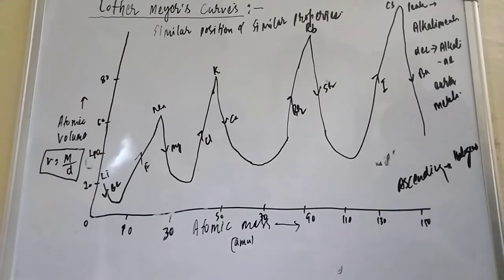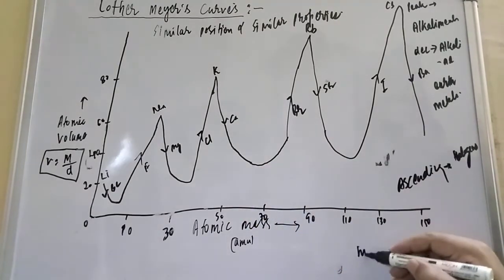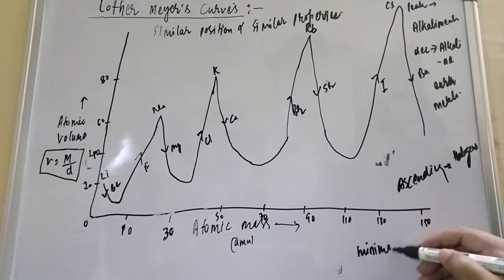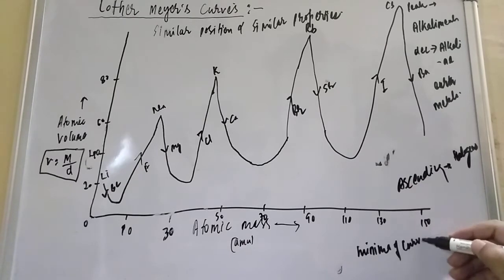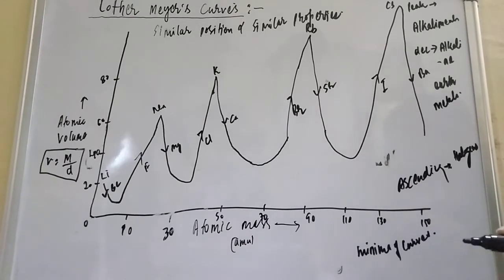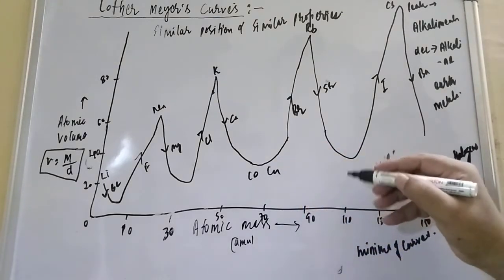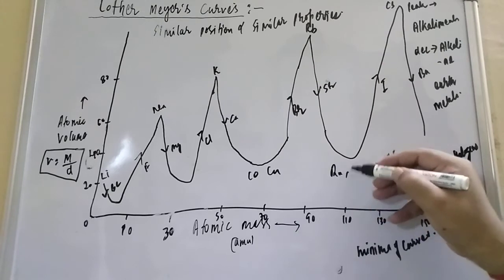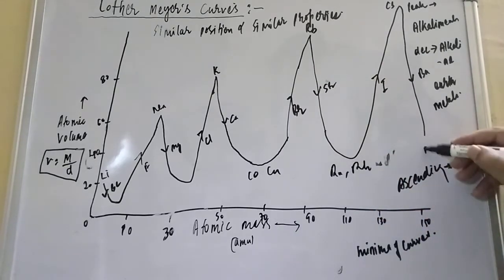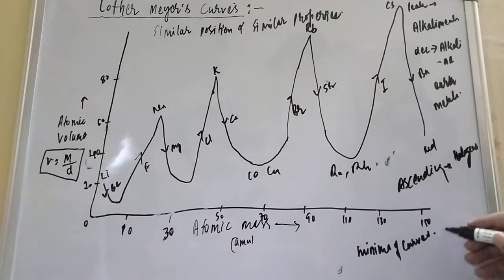Now the last one, the minima. When you talk about the minima of the curve, what will be there, student? There will be the transition metals, like cobalt, copper, ruthenium, rhodium. So the minima of the curve will take the transition metals.